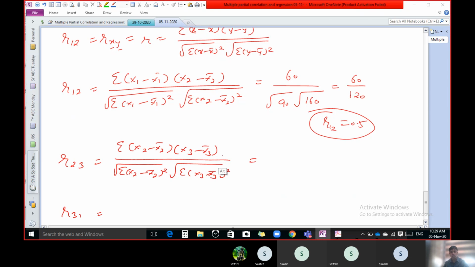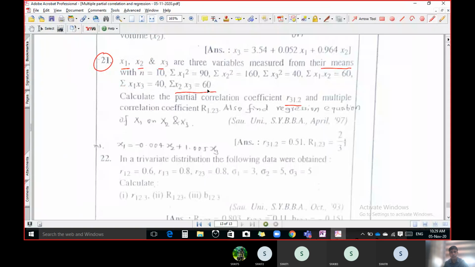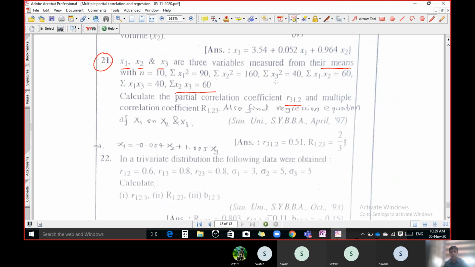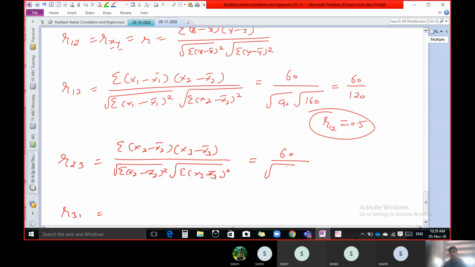What is the sigma x2 x3 value? It is 60. So this is 60 upon root, this is 160 and this is 40. So multiply 160 with 40, take its root, that is 80. So do this calculation: 0.75.